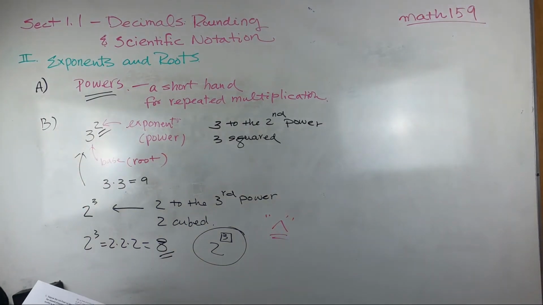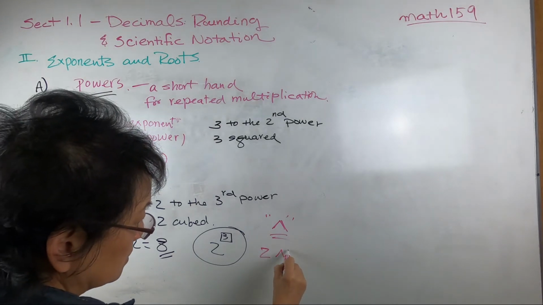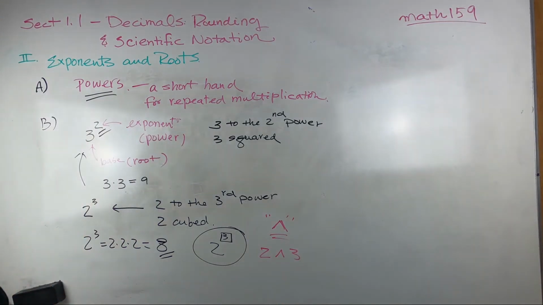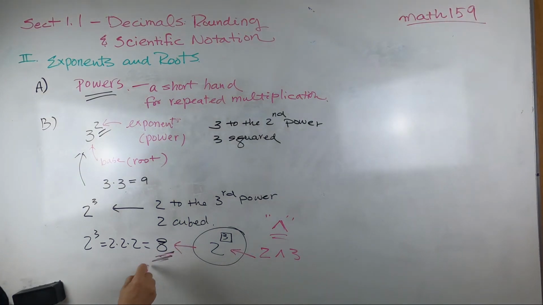And for the calculators, you will always see that symbol, or on your keyboard, Shift 6. It means to the power of. So if you do the power of 3, it will give you the 8.